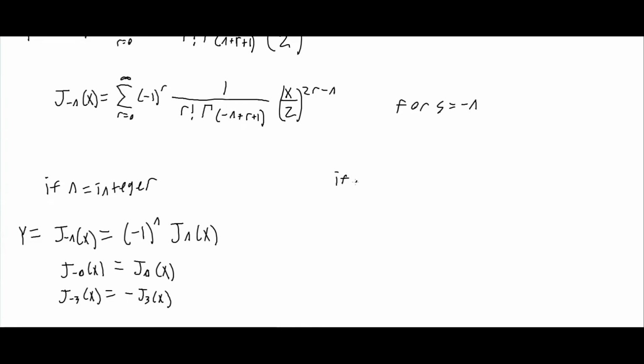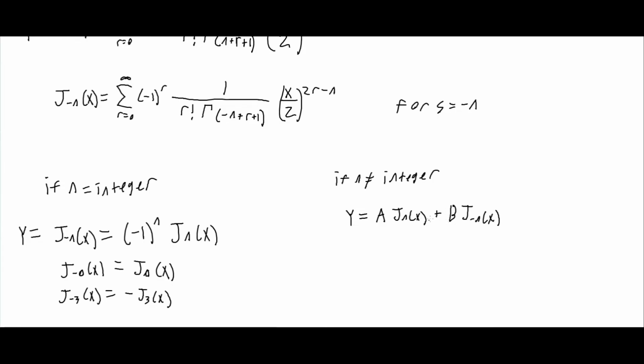If n is not equal to an integer, then we have y, so our solution to the differential equation is equal to some constant multiplied by Jn of x plus some constant times J minus n of x. So these two are independent of each other. That's why we can write the solution as a linear combination of the two.